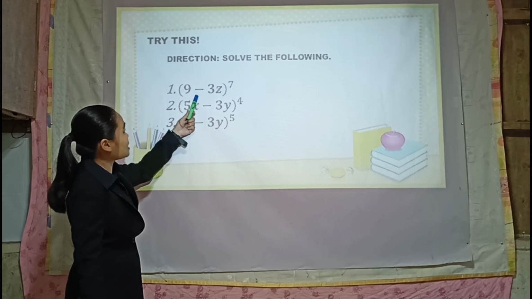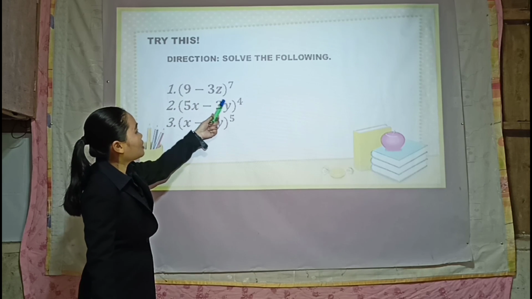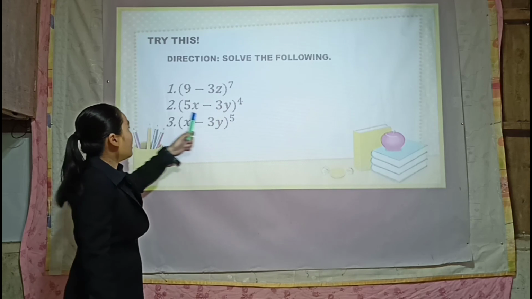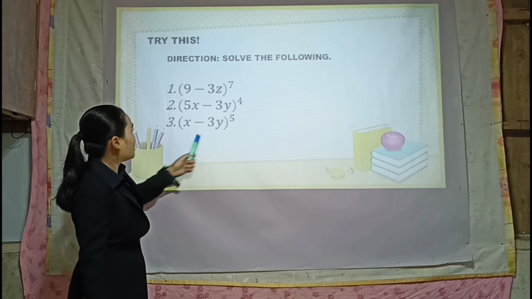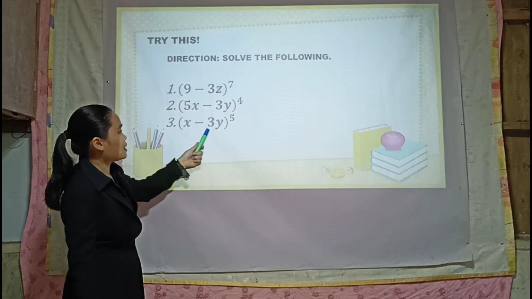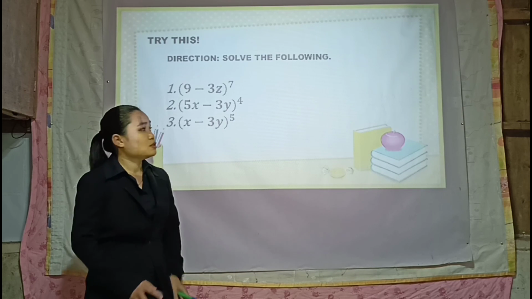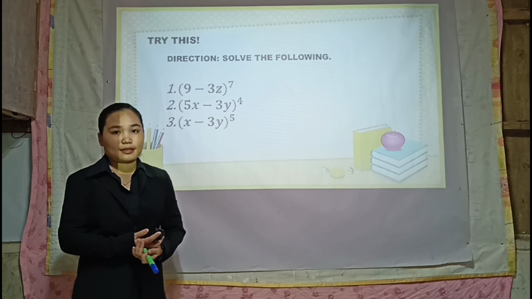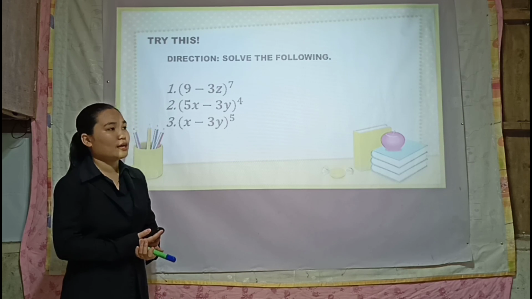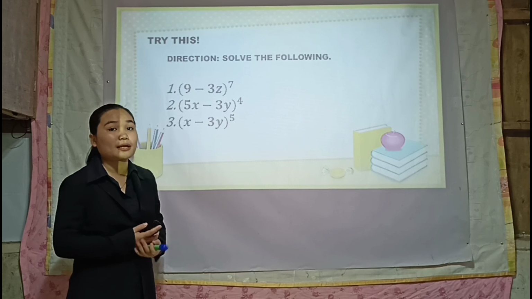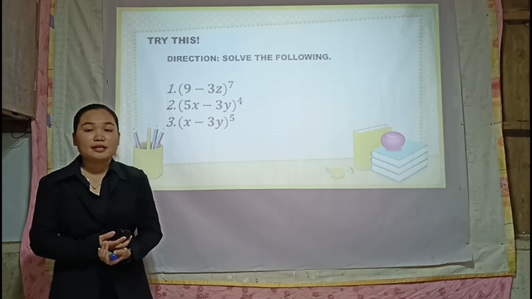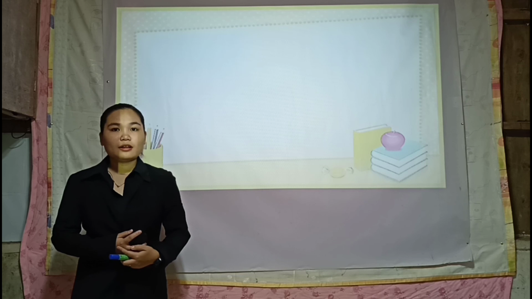First, we have 9 minus 3z raised to 7. And for number 2, we have 5x minus 3y raised to 4. For number 3, we have x minus 3y raised to 5. So, you can solve it using Pascal's triangle for the binomial expansion and use the pattern that we've discussed earlier. And that would be all.